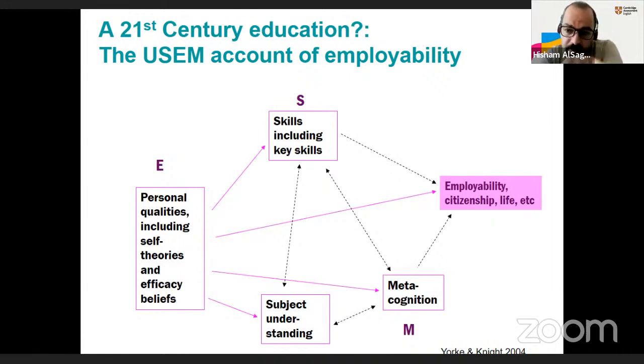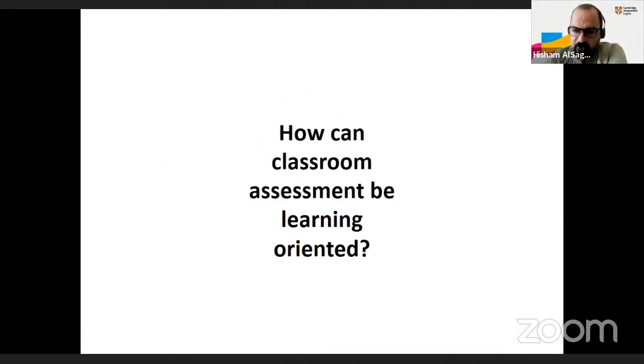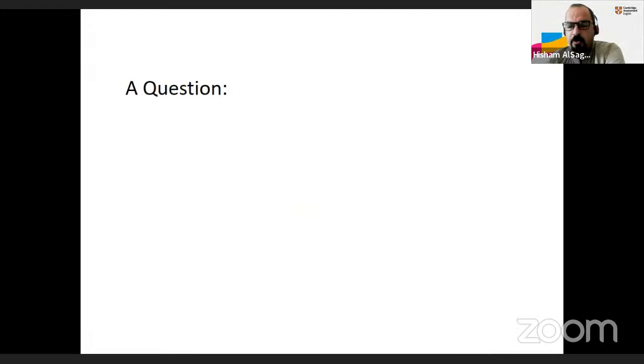So with this model in mind, there are 5 categories: the skills, the personal qualities, the knowledge, the metacognition, leading to employability. How can we connect all these different dots to make our classrooms more learning oriented?